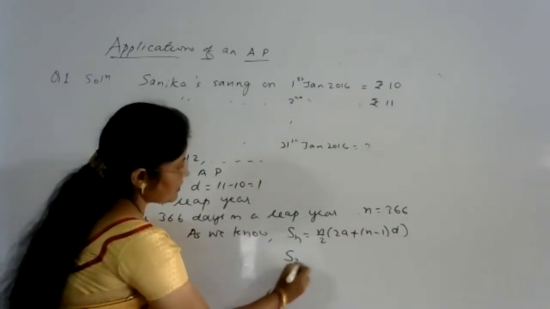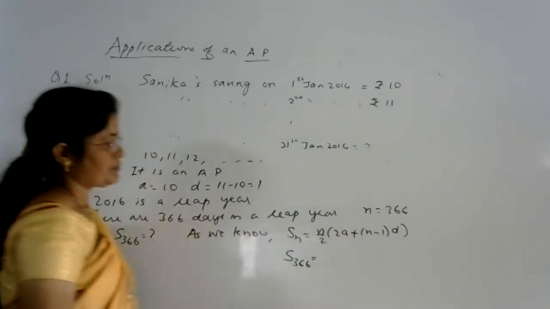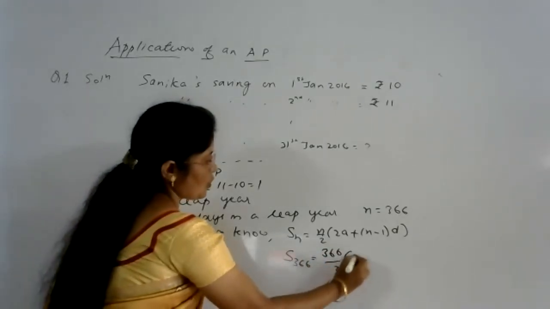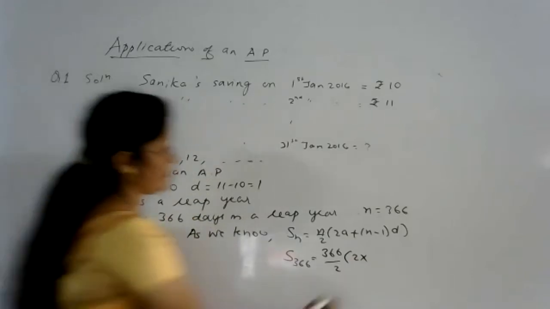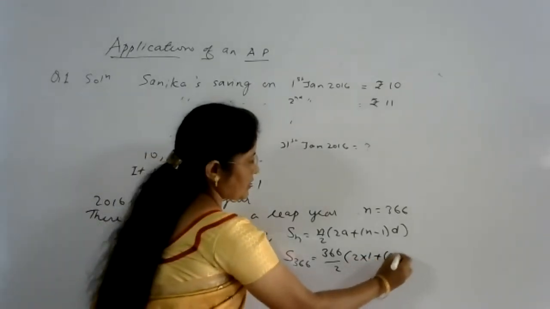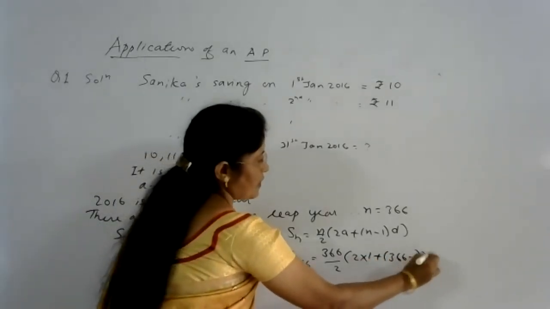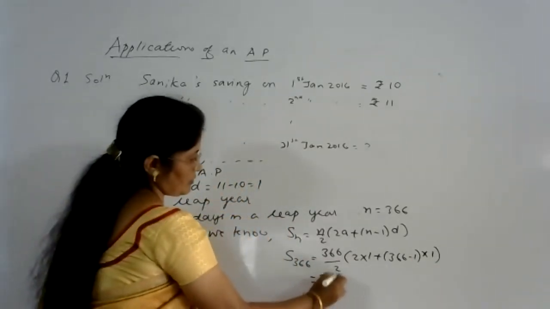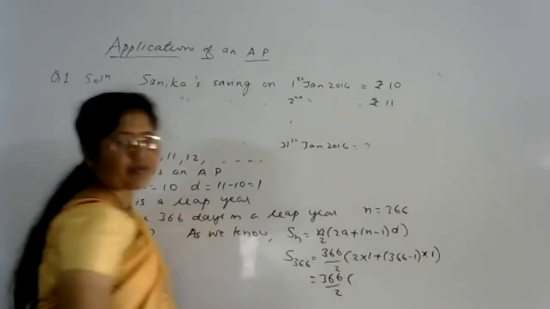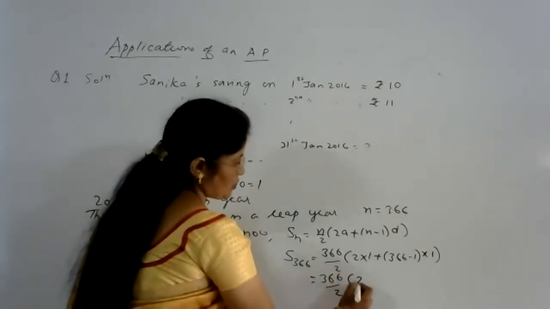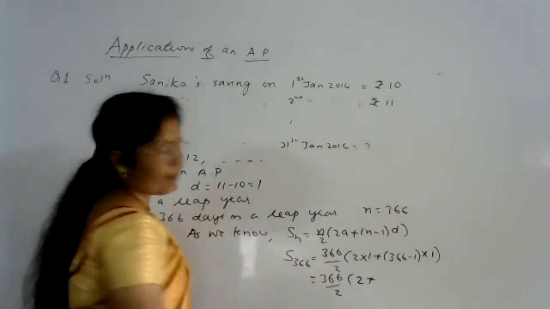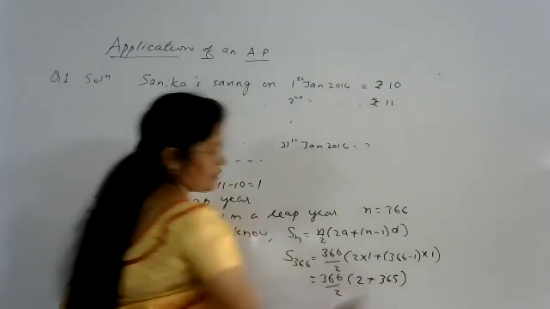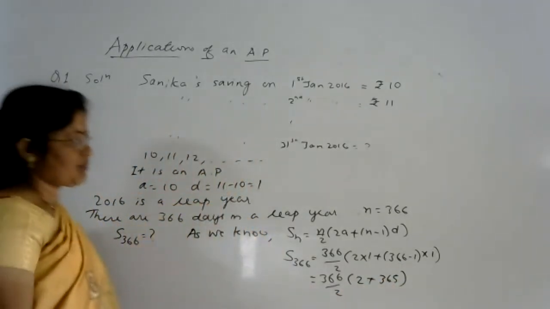S 366 is equal to 366 upon 2, into 2 into a's value 1, plus 366 minus 1 into d's value 1. Solve the bracket first. 2 into 1 is 2, plus 366 minus 1, 365 into 1 as it is 365 only. So 365 plus 2.